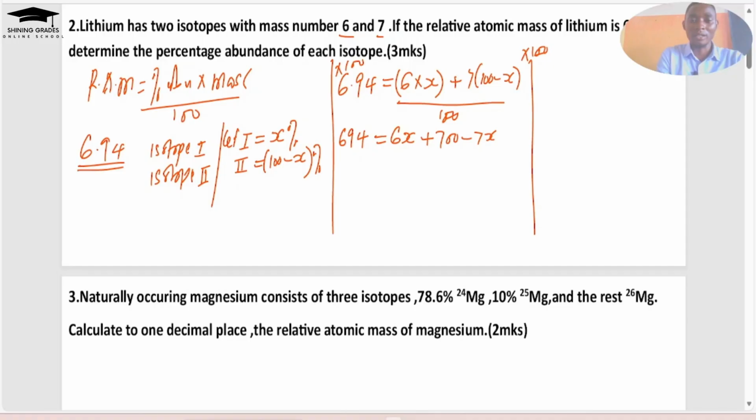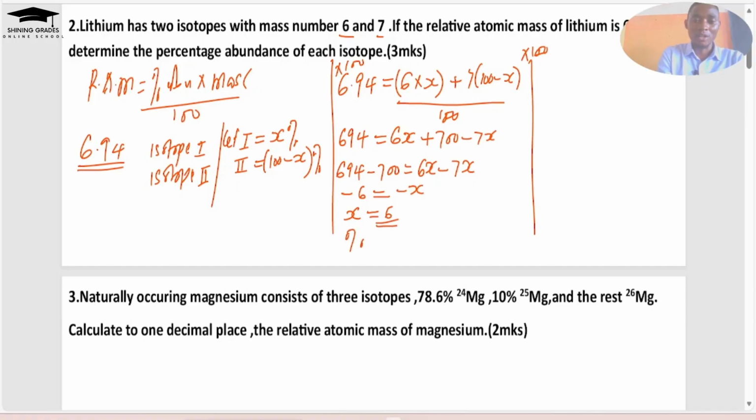So collecting the like terms together, I'm going to have 694 minus 700 is equals to 6x minus 7x. So I'm going to have negative 6 is equals to negative x. So x is equals to 6.